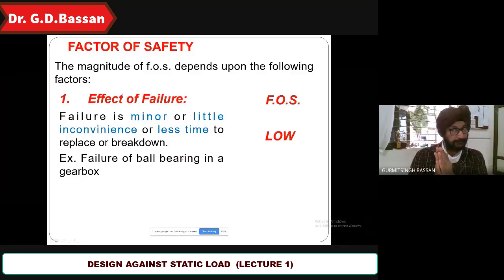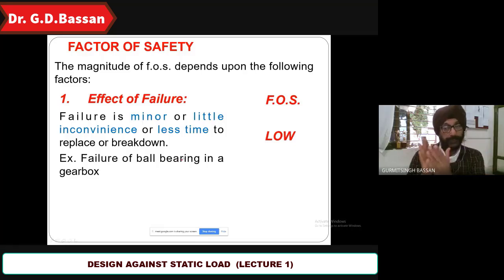Otherwise, what will happen if, for strength purposes, you take a very high factor of safety? There are many consequences of taking a higher factor of safety. If you take the higher factor of safety, then cost is more.